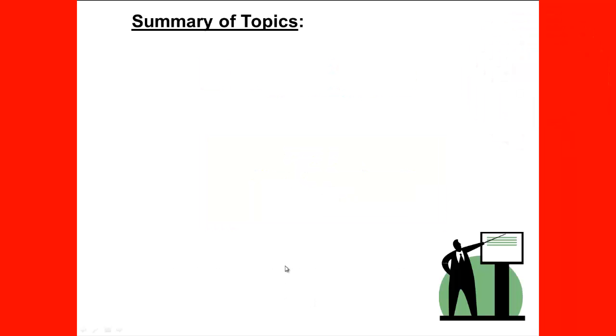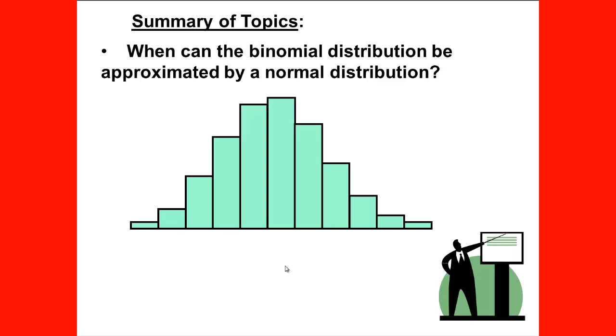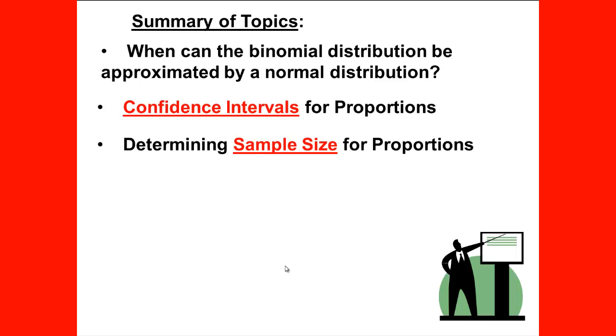Here is a summary of the topics that we will cover in this set of videos. When can the binomial distribution be approximated by a normal distribution? Looking at the graph and deciding when a normal can be used for that binomial distribution. We'll look at confidence intervals for proportions.